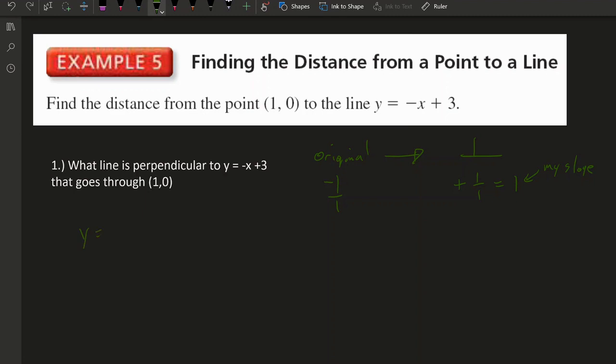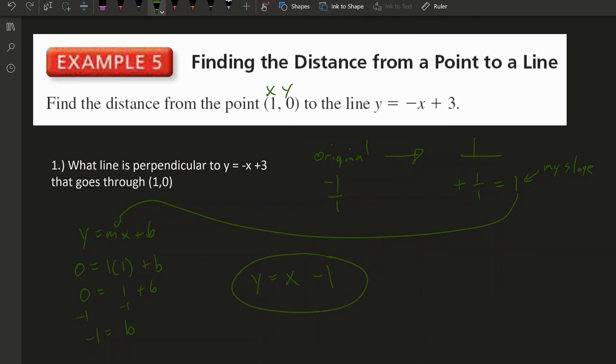So now y equals mx plus b. I'm going to plug in my slope, and then I've got the x and the y. So 0 is equal to 1 times 1 plus b. 0 is equal to 1 plus b, and if I subtract 1 on both sides, I get negative 1 is equal to b. So my line is y equals 1x minus 1.